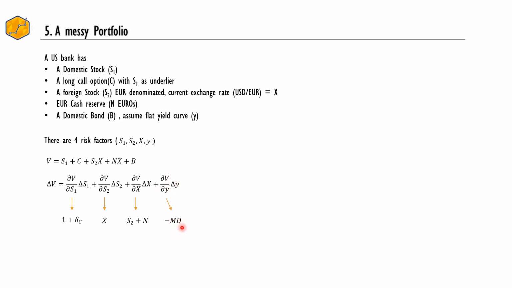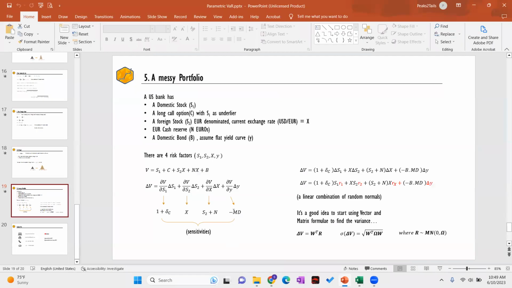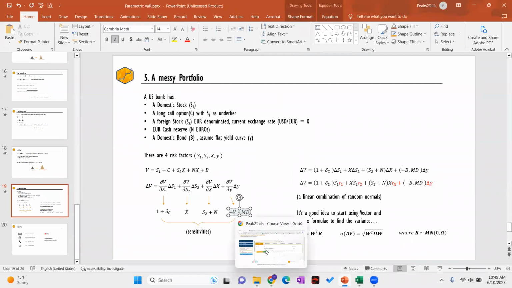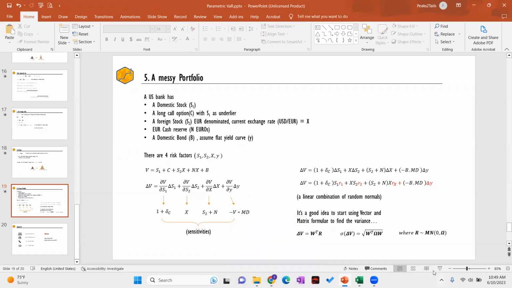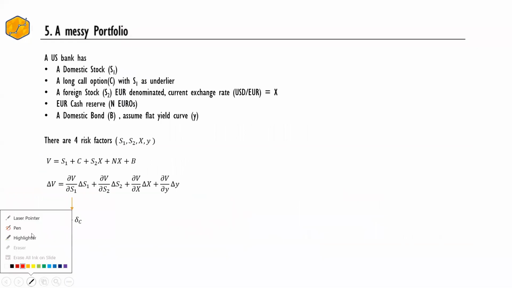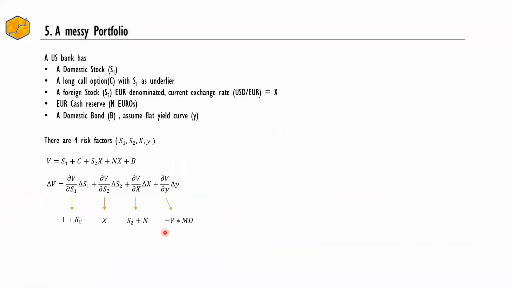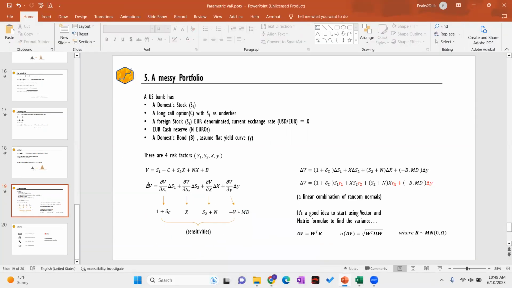And del V by del Y, actually there is a correction here. This should be V times modified duration, right? So we have B. We can write B or V. Actually, let me not write V because otherwise I'm using V for portfolio.